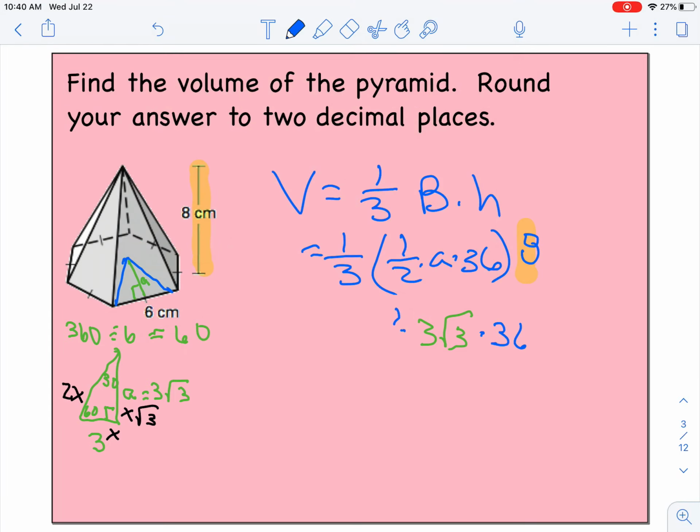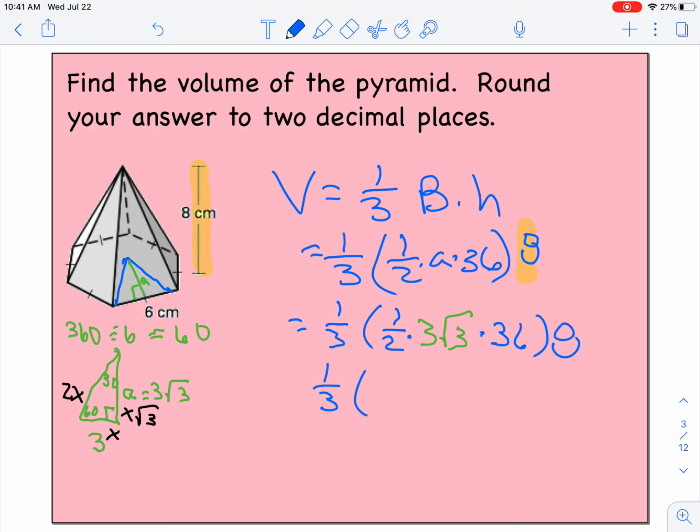So 3 root 3 is what I put in for my apothem. I multiply that by 36 and 1/2. I have my 1/3 there and times 8. I like to calculate all of the rest of it and then just hit divide by 3. So I'm going to take 1/2 of 36, which is 18, multiply by 3 root 3, and then multiply by 8.